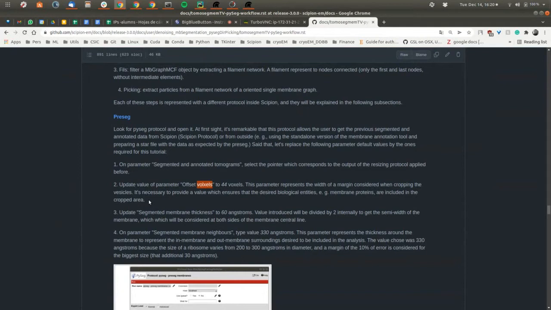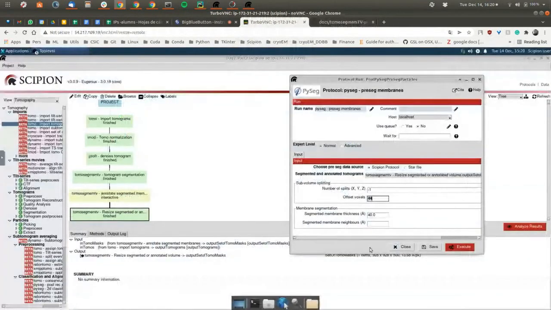In this case, one good practice is to make some calculations. For example, I prefer to determine this parameter last, because before it you have more direct parameters, like the segmented membrane thickness, which, as said before, is considered to be 60 angstroms, considering the heads of the phospholipids.